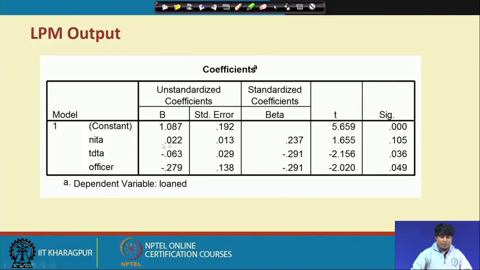Here the assets coefficient is positive, the debt part is negative, and the officer in charge is negative. But in most of the cases it is significant, so it is okay to go for prediction.